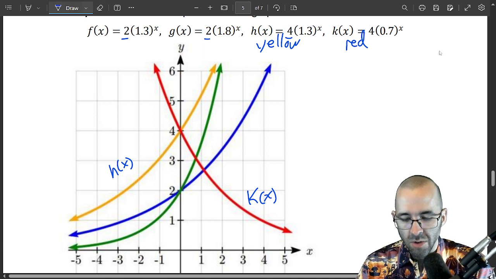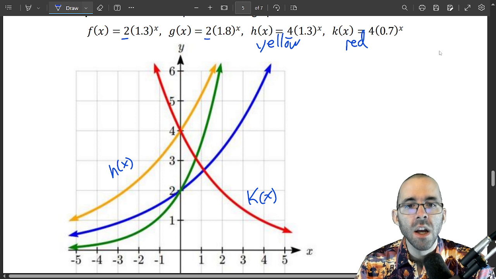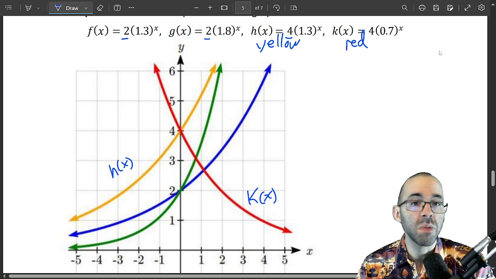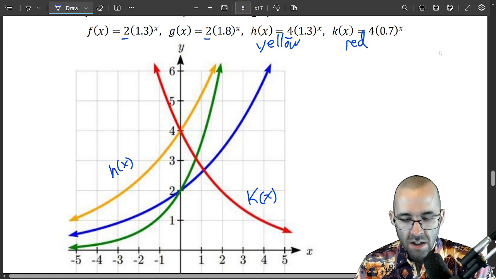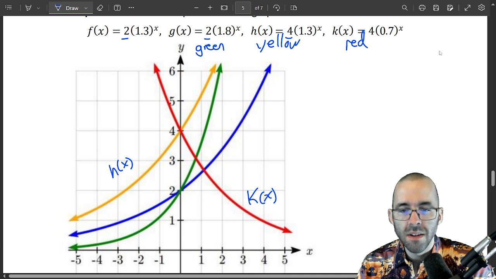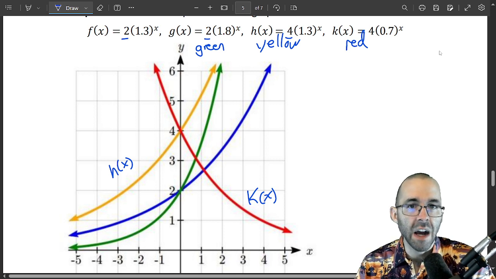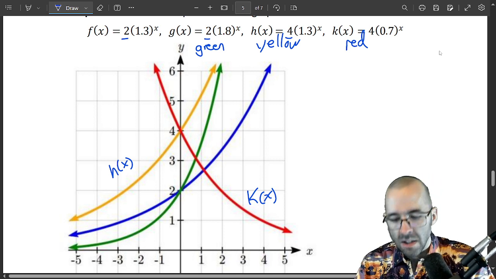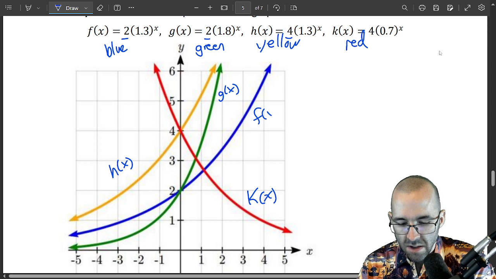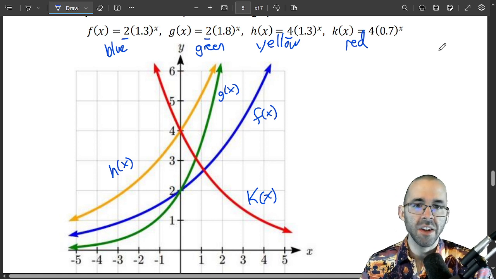Which one's growing faster, green or blue? Green is growing faster. Green is increasing faster. The slope is bigger. Green is increasing faster, so it has to be G, because G has a bigger b value. Green is g of x, which makes blue f of x.